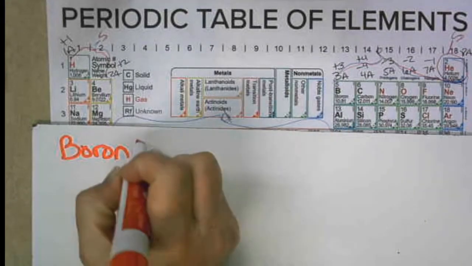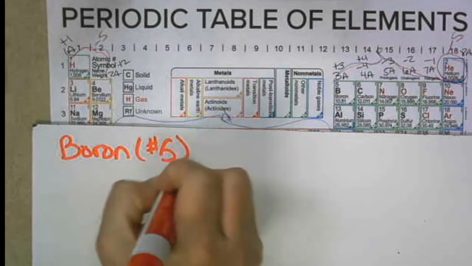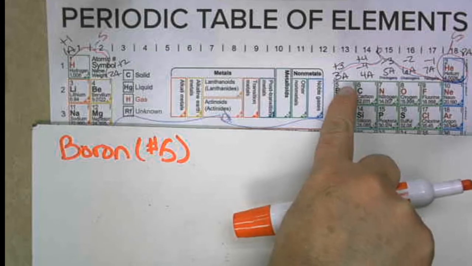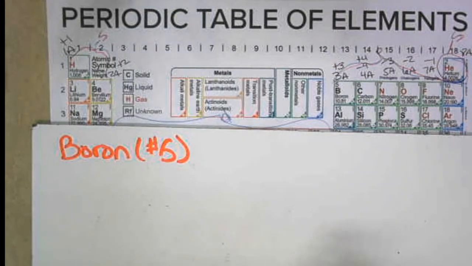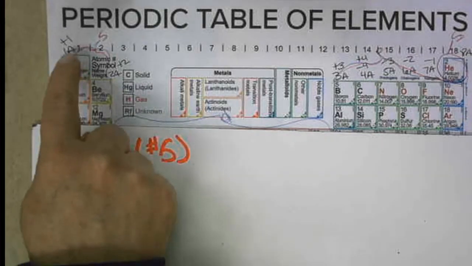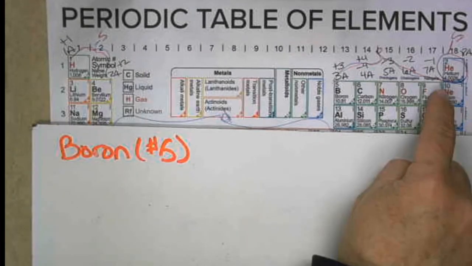He's atomic number 5, which means there are 5 protons and 5 electrons. When I'm done, I'll show you how to check to make sure you got the right number of electrons. The second step is that you start at the top left and you read from top to bottom, left to right.